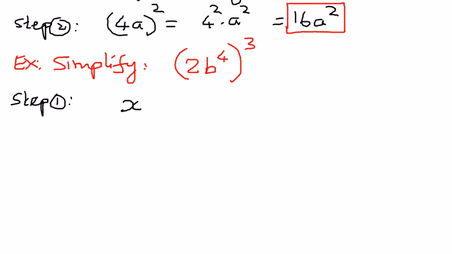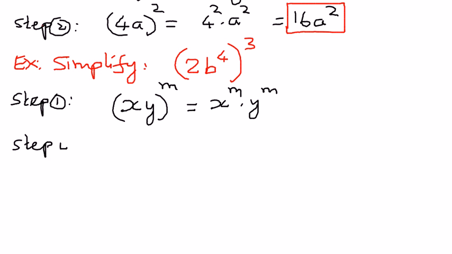The law of exponents which relates to this: (x times y), this whole thing raised to the power of m. So according to this law, every one of the terms will be raised to the power m. So x will be raised to the power of m and y will also be raised to the power of m. We will apply this law to the given problem and see what we get.